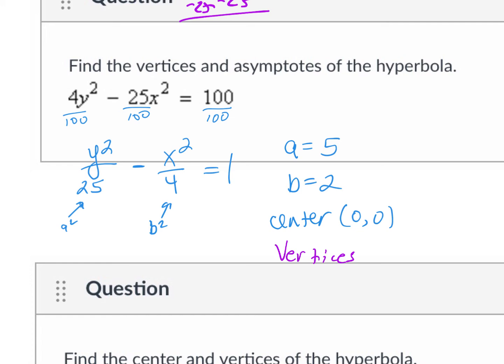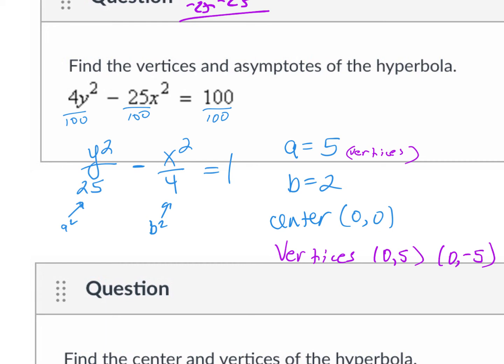A. Okay, this goes with my vertices. What kind of a hyperbola is this? A vertical. So you're going to add and subtract to what? Yep. So my vertices would be at 0, positive 5, and at 0 what? Very good.